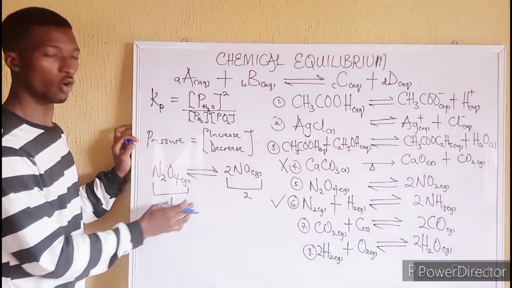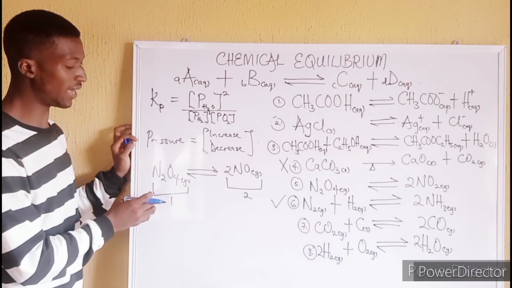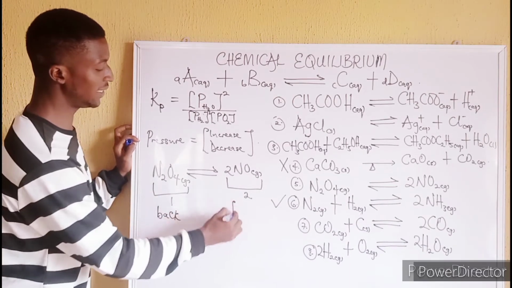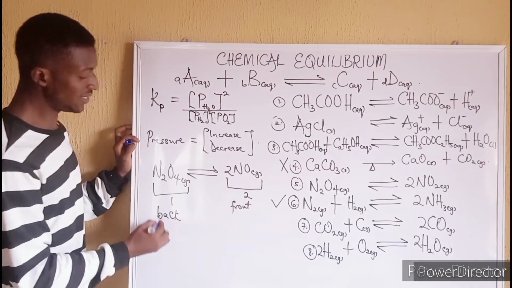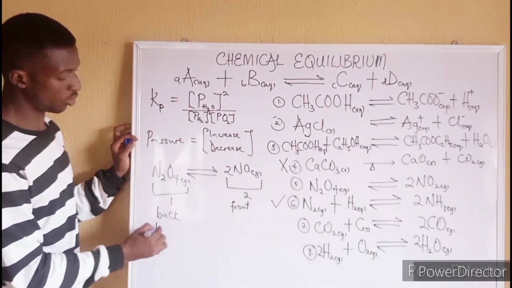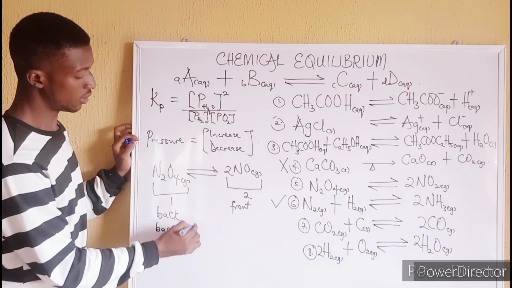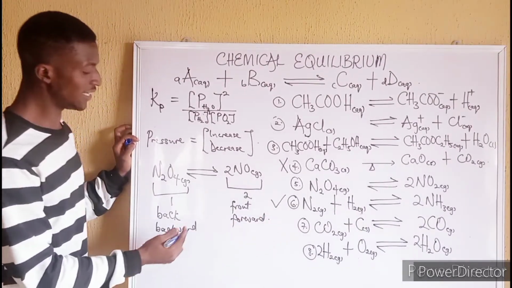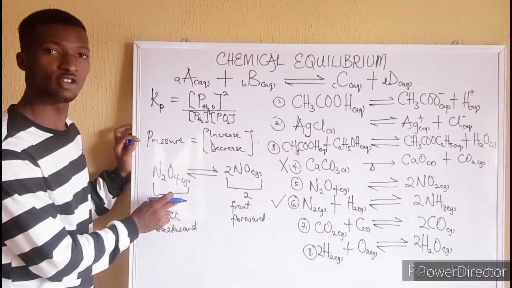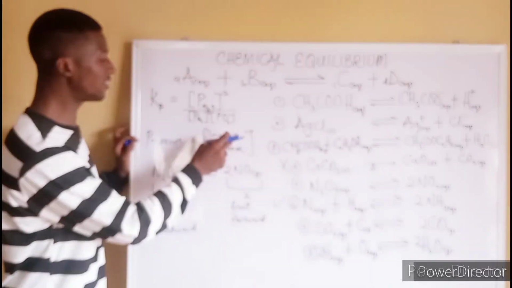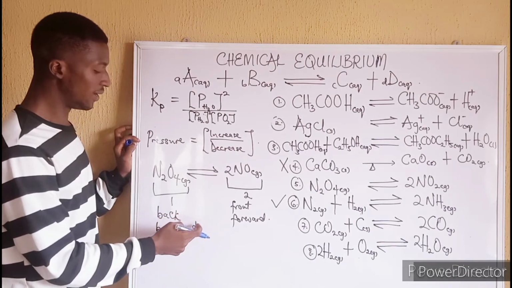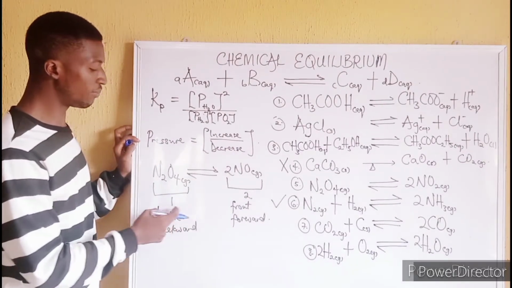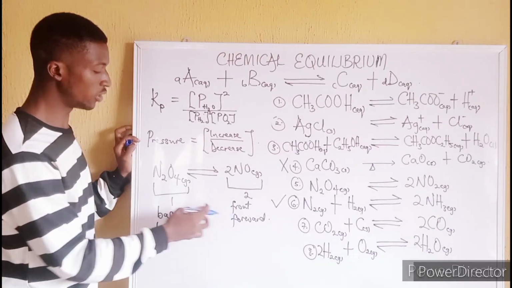So an increase in pressure will favor this side at which we have the lesser number of moles. Let's take this to be the back and this to be the front. Since this is a reaction, we call it backward, and we'll call this one forward. So in this case, since this is the side with the lesser number of moles, we say that an increase in pressure will favor the backward reaction.